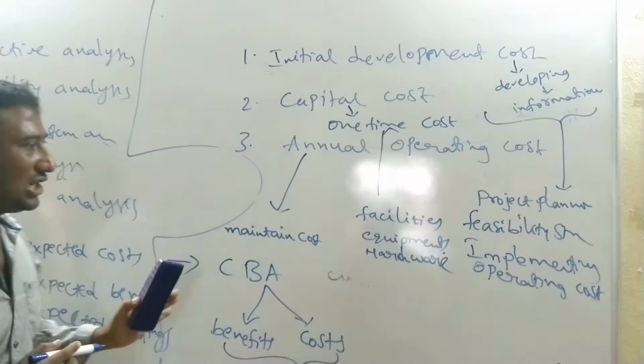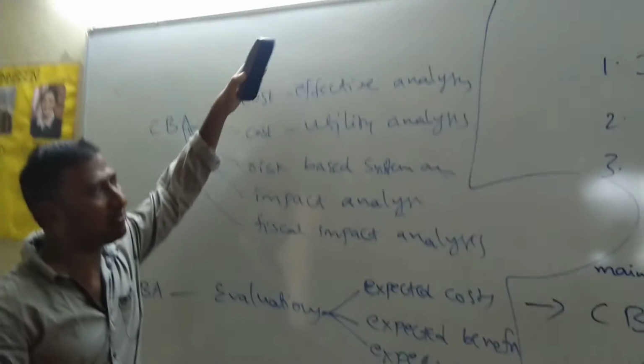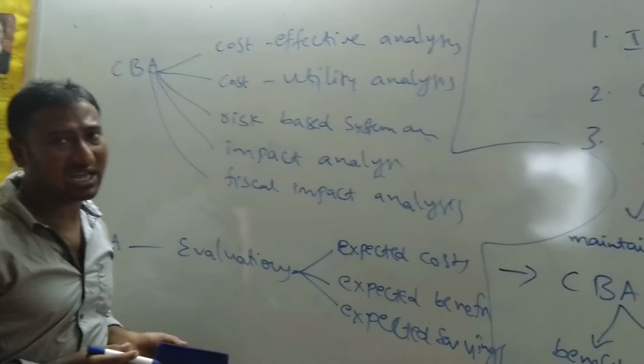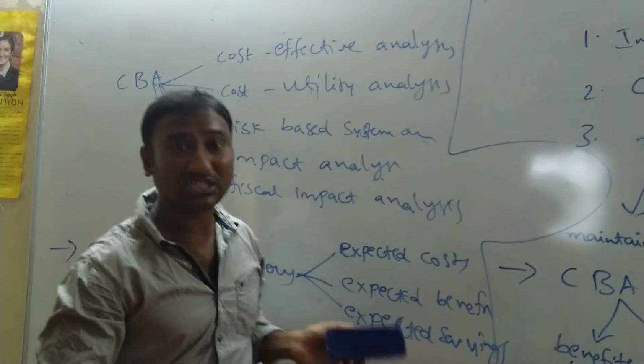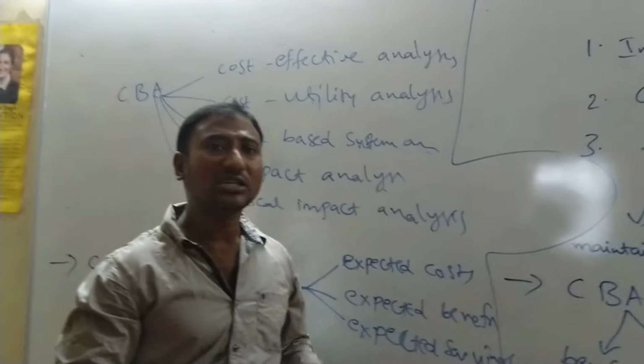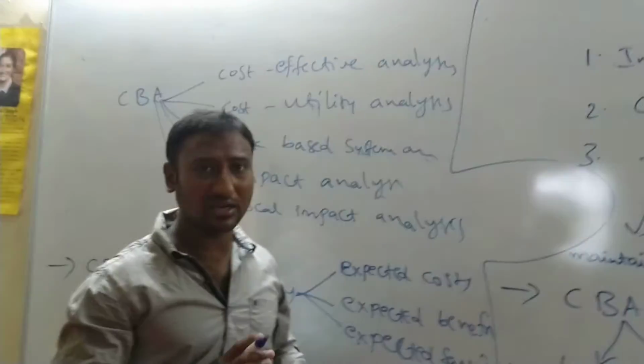So we just need to remember cost benefit analysis. What happens within cost benefit analysis? It is a systematic approach to estimating the strengths and weaknesses of alternatives.